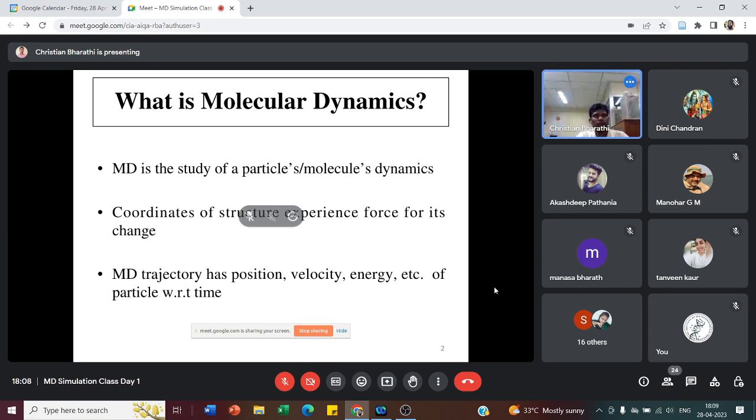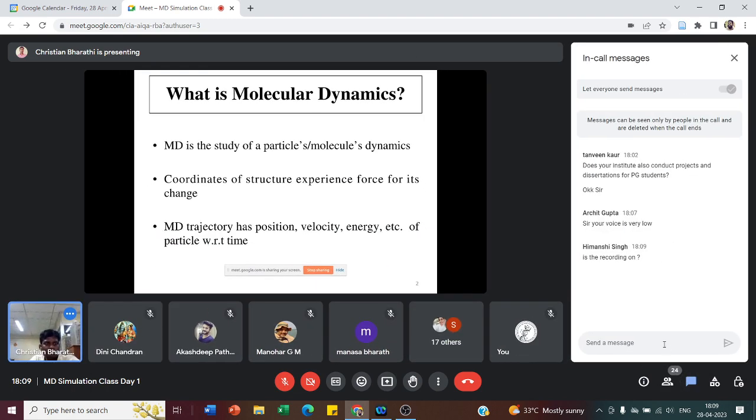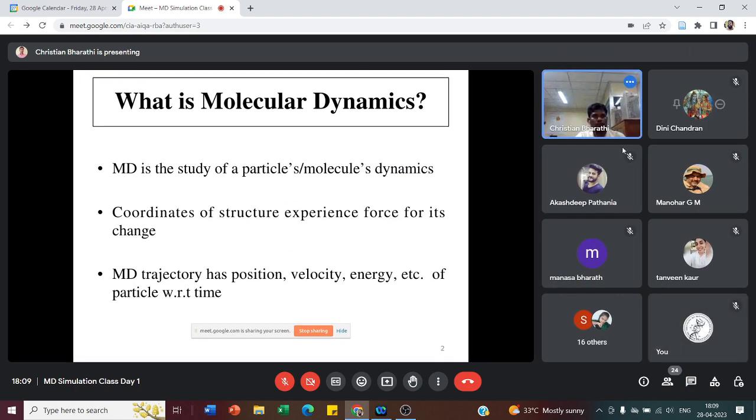So the initial coordinate is there, and next the next conformation is there.